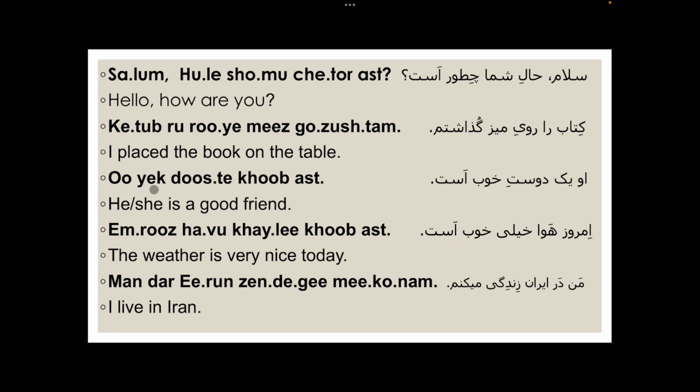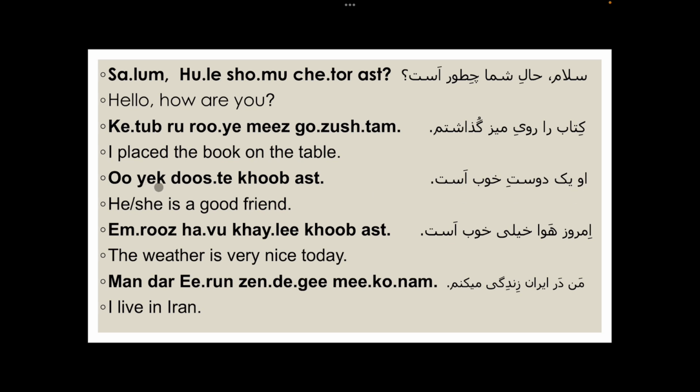او یک دوست خوب است. او یک دوست خوب است. He/she is a good friend. One other thing I want to make note of here, since we have separated these into different words, you can actually see these words in the Farsi equivalent. So u is spelled like this, u.